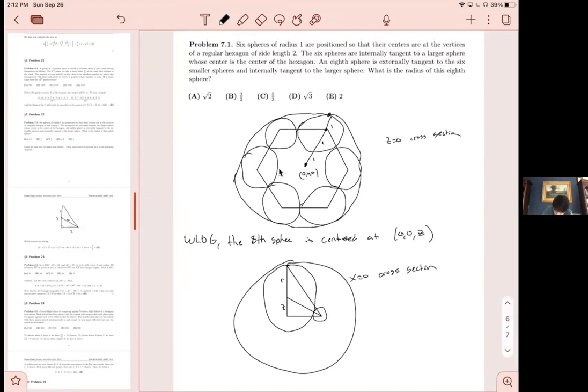And then we know that the length of that entire segment is r plus 1, because it's r to get to the tangency point with the small sphere, and then the radius of the small sphere is 1. And we know that the value of this is 2, because this thing is 2. And then the total height is 3, because that's the radius of the 7th sphere.